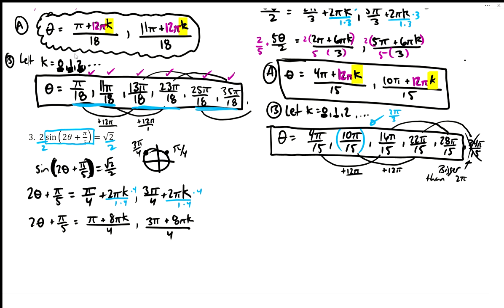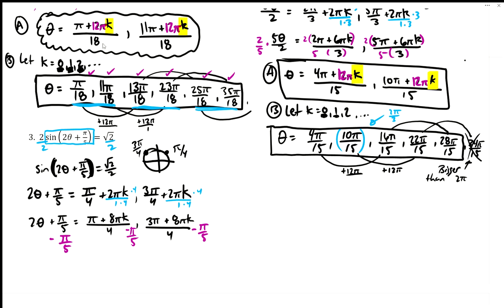All right, and then now we have a plus pi fifths that we can deal with. So again, we want theta all by itself. So that means we should subtract pi fifths on each side, which is really doing it to the left side and then to the 2 answers. Well, again, we would say we need a common denominator. So this is bad because we need to do extra work.